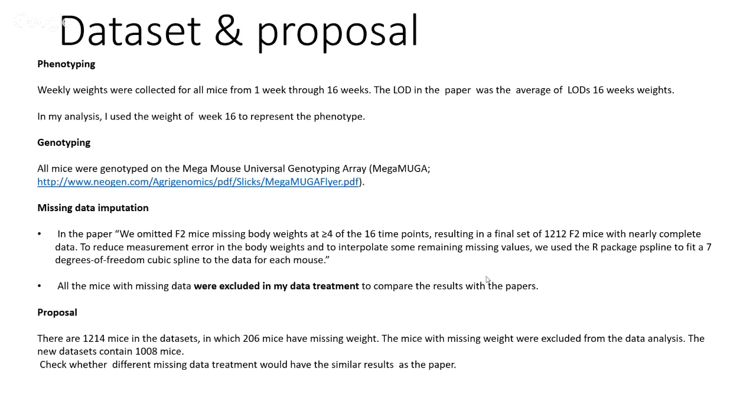In the paper, they limited mice to those missing body weight at no more than 4 of the 16 time points, resulting in a final set of 1,212 F2 mice with nearly complete data, to reduce measurement error in the body weight and to interpolate some remaining missing values.